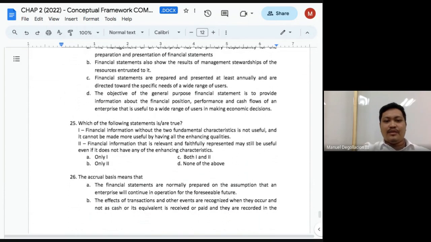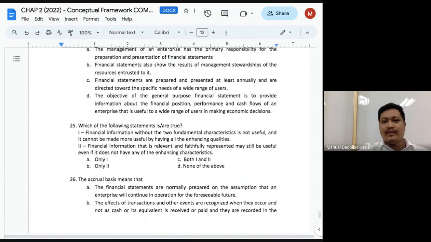25, which of the following statements are true? Financial information without the two fundamental characteristics is not useful, and it cannot be made more useful by having all the enhancing qualitative characteristics. We've discussed this already. So, Roman numeral 1 is true.